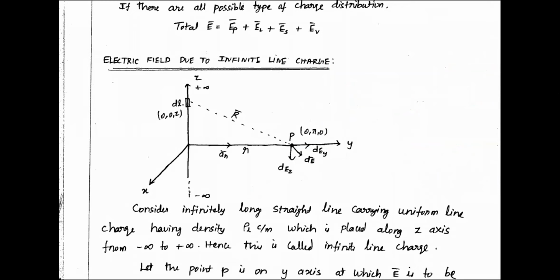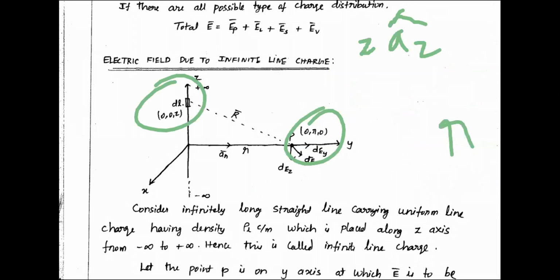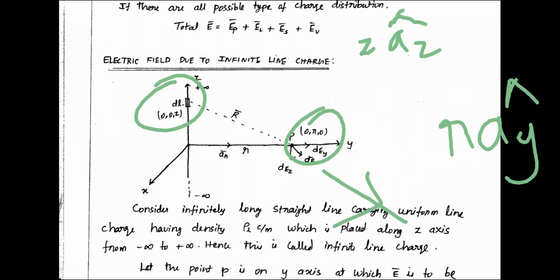See, what is this vector value? This vector value is z a z cap. What is this vector value? r a y cap. You take the difference.